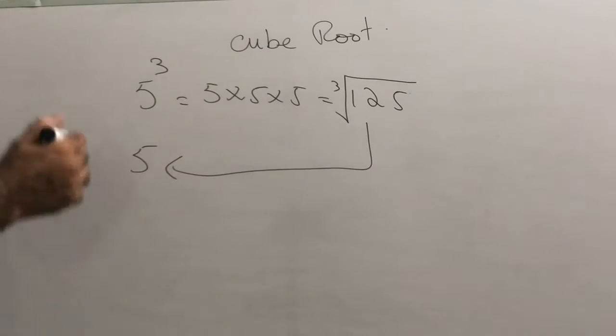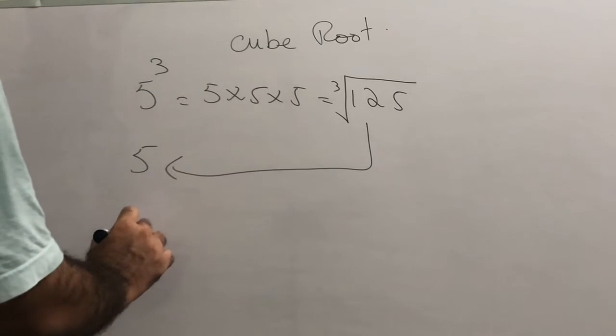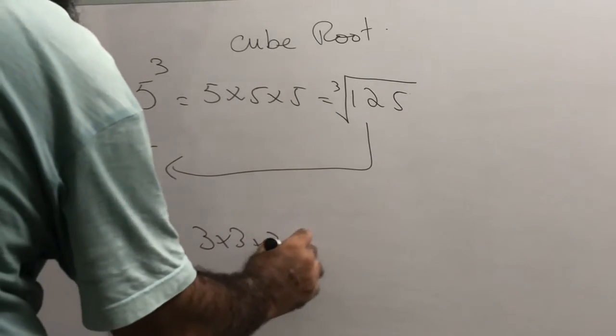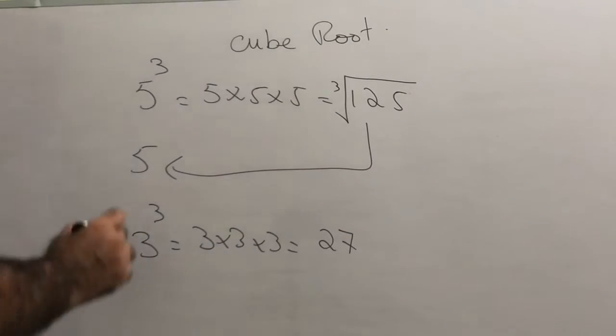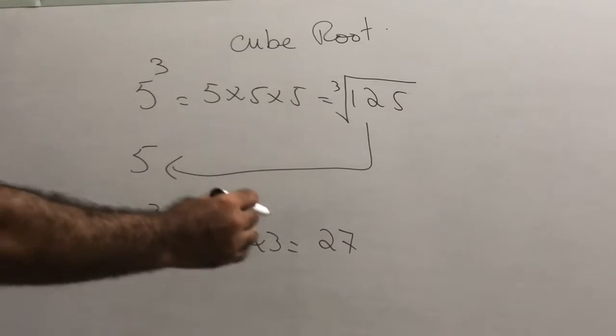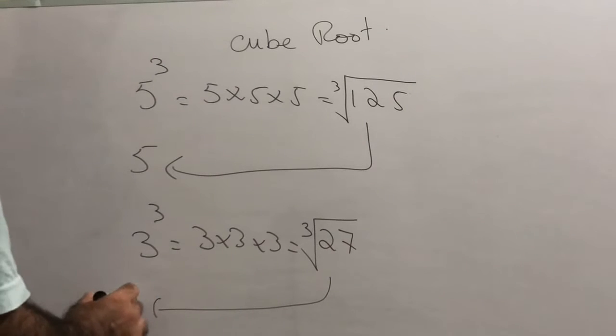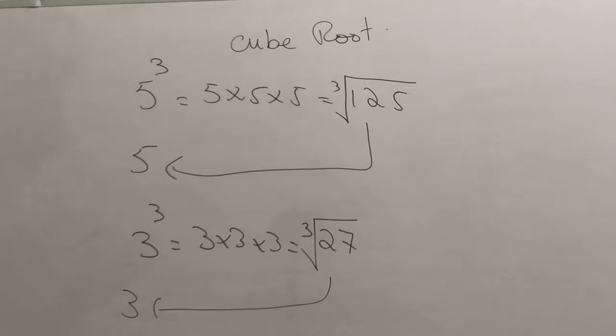So it is the opposite of this. If we take the cube of 3, we write 3 into 3 into 3 becomes 27. Cube of 3 is 27. But when we take the cube root of 27, we get the answer 3. Okay. So in this way, you can say it is the reverse or opposite of cube.